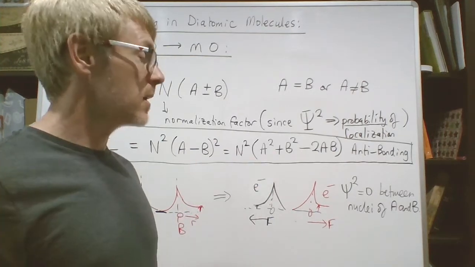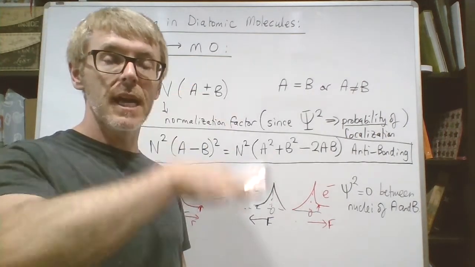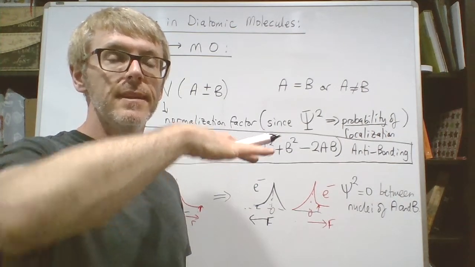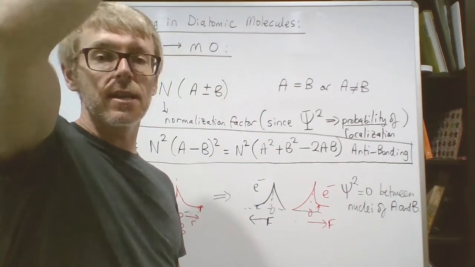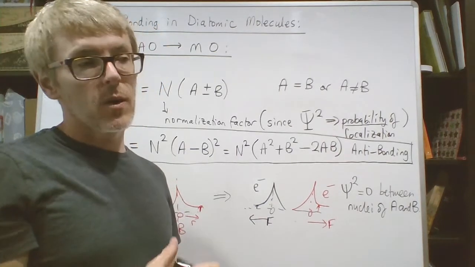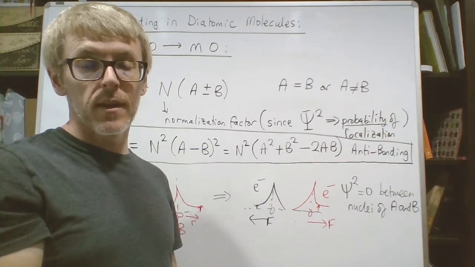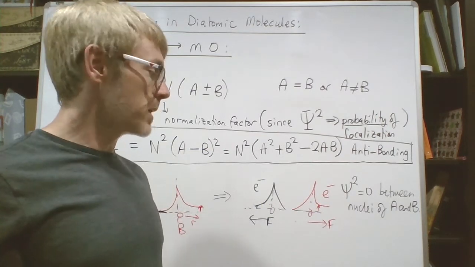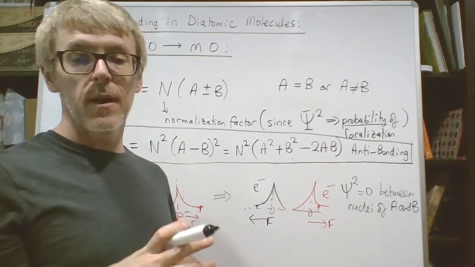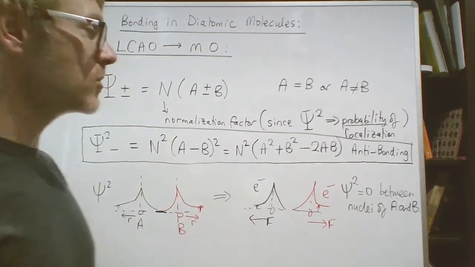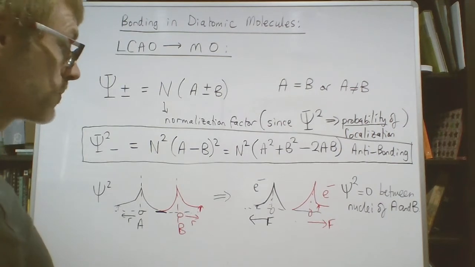So typically an anti-bonding orbital is destabilized, so we can write it as a higher energy orbital, whereas a bonding orbital is stabilized because we have this positive or favorable interaction that we'd have to overcome if we wanted to separate them again.